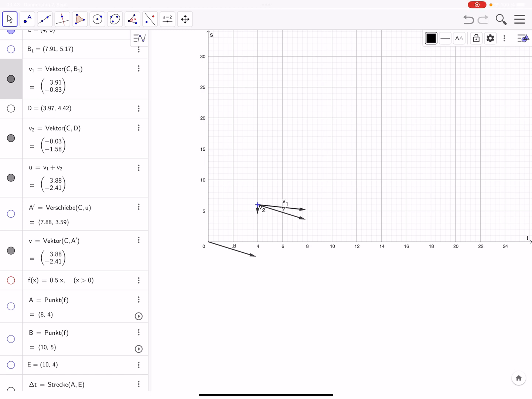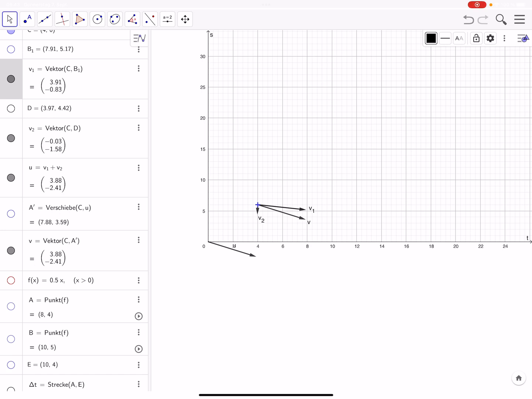So I can move that. Okay, so this is the resulting velocity of the two separate velocities that we have of this object here.